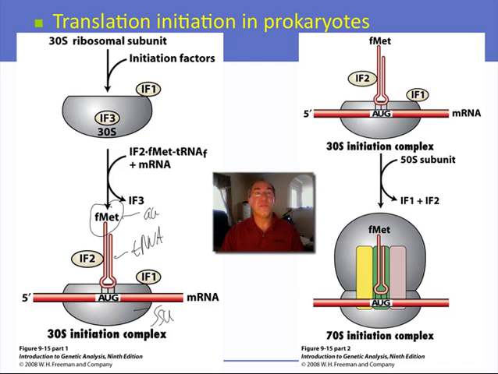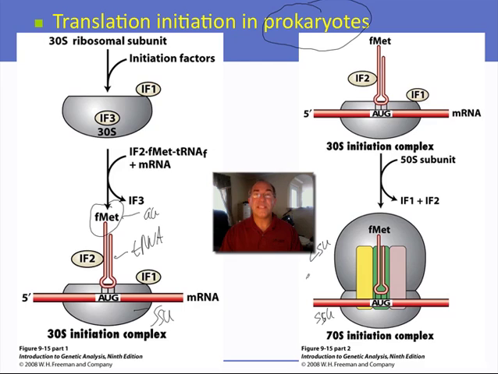And so when all of these three components come together, then the large subunit will join on top. There's the small subunit, large subunit. This is the initiation process for prokaryotes, in other words, bacteria.